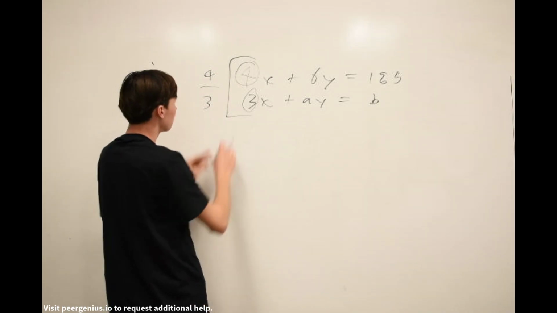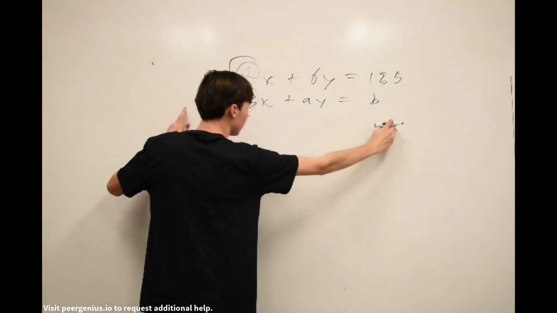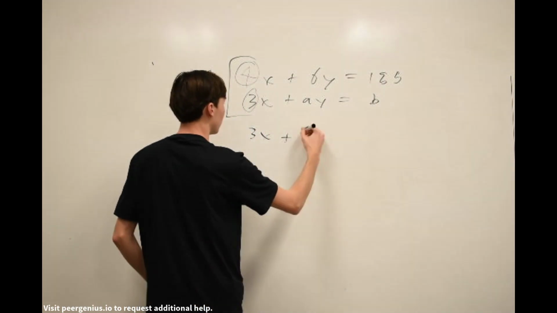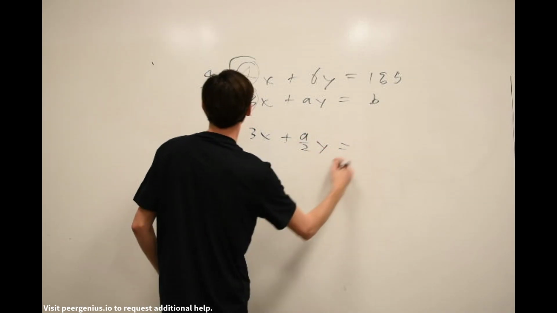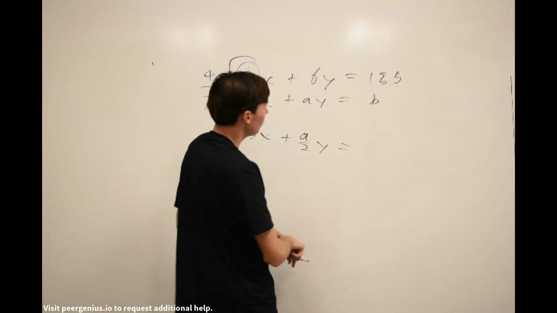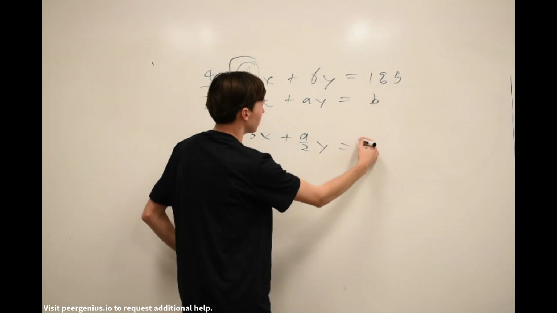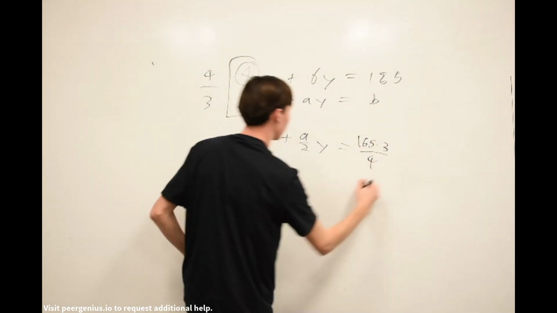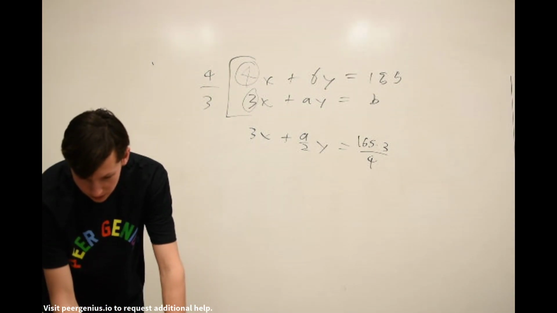So if we multiply everything in this line by 3 over 4, we should get this line. If you write that out, you get 3x plus 9 over 2 y equals 155 over 4, that's 155 times 3 over 4. And this is your answer.